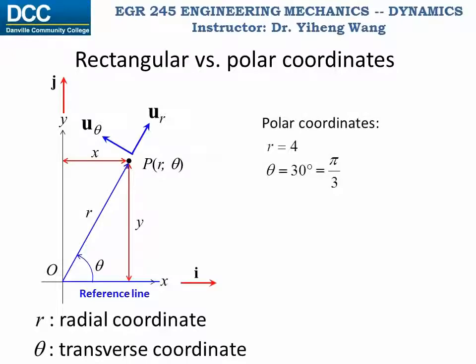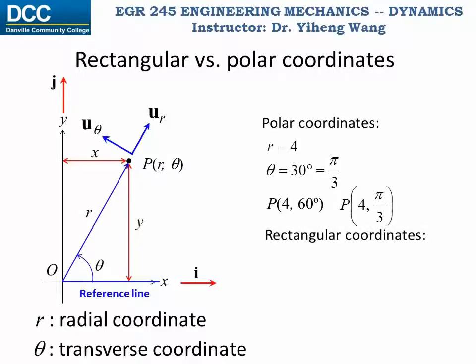So, if we have polar coordinates r equals 4, theta equals 60 degrees, or pi over 3 in radians, then this point will have coordinates of (4, 60 degrees), or (4, pi/3). And we can translate that into the xy coordinates.